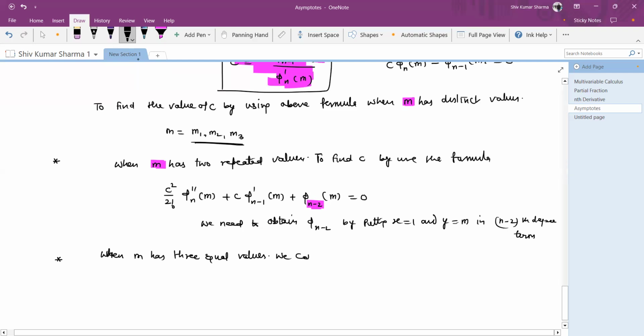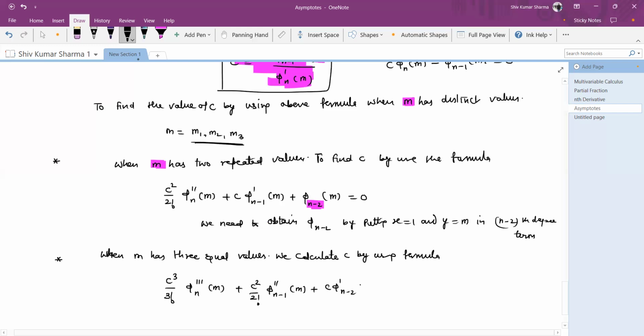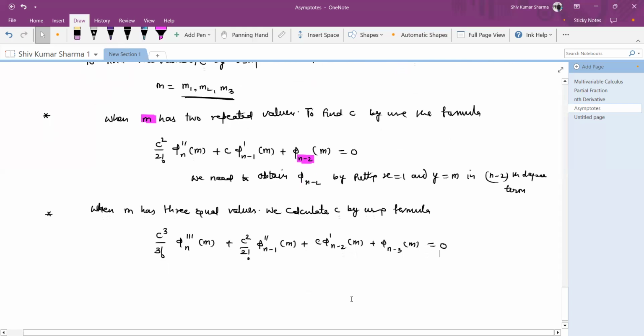We calculate c by using the formula c cube upon factorial 3 phi triple dash n of m plus c square upon factorial 2 phi double dash n minus 1 of m plus c phi dash n minus 2 of m plus phi n minus 3 of m is equal to 0. So you remember these formulas.